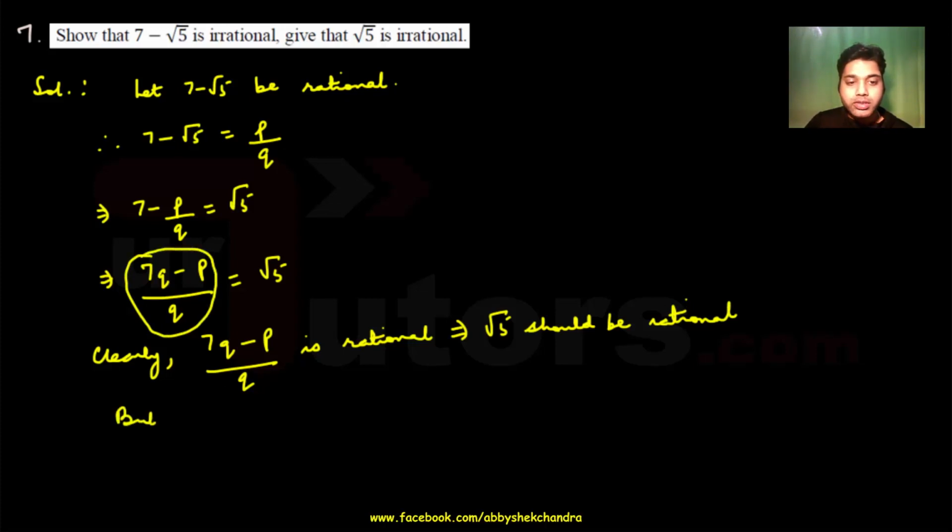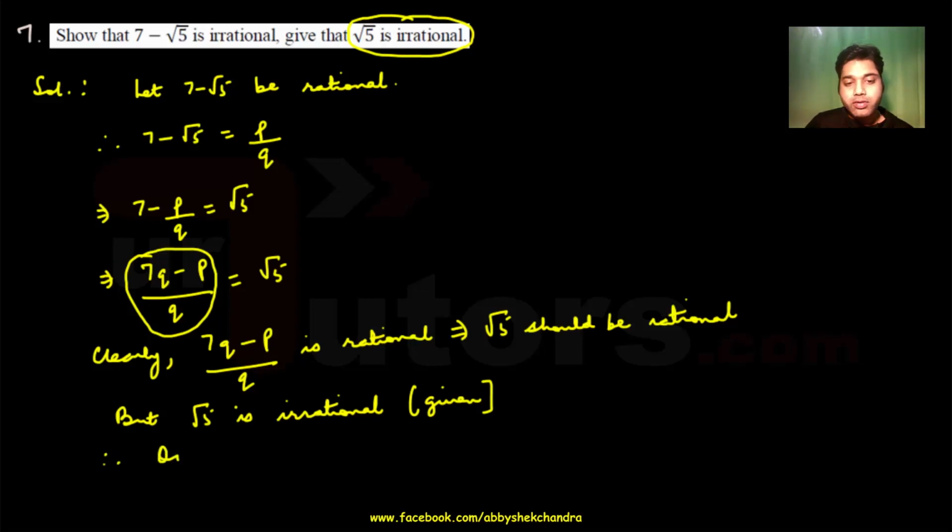But what is given? It is given that root 5 is irrational, right? That is what is given.